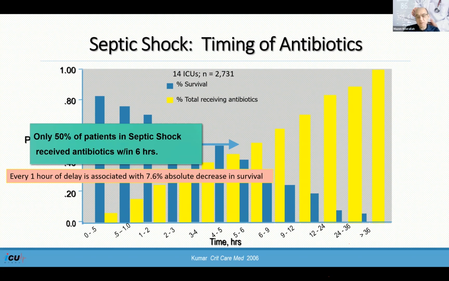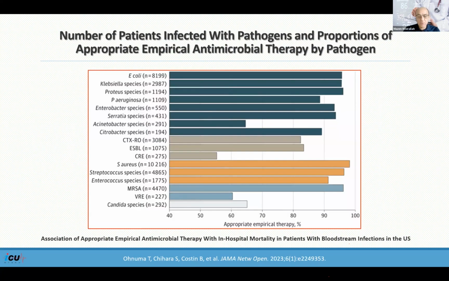And these antibiotics should be appropriate for the patient's condition. When you start ceftriaxone for Pseudomonas, it's not an appropriate antibiotic, and that means you're delaying appropriate therapy, and that is associated with worse outcomes. This is a more recent study from 2023 showing the percentage of appropriate empiric therapy.